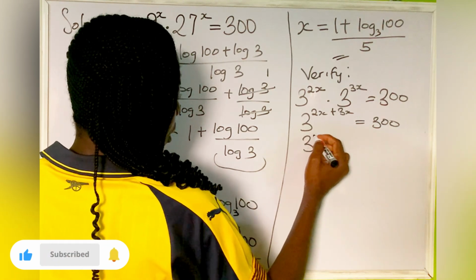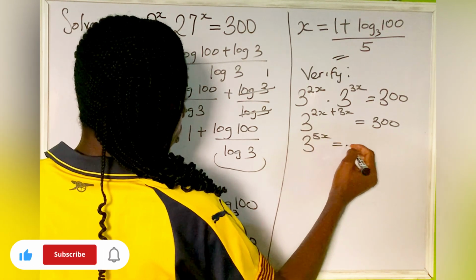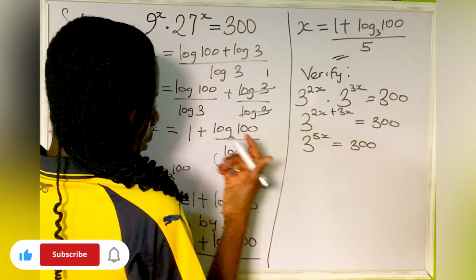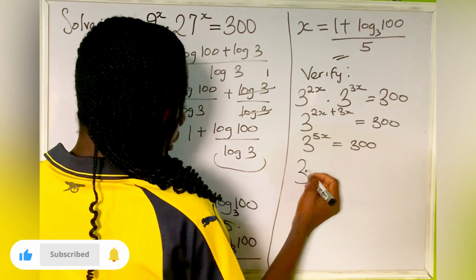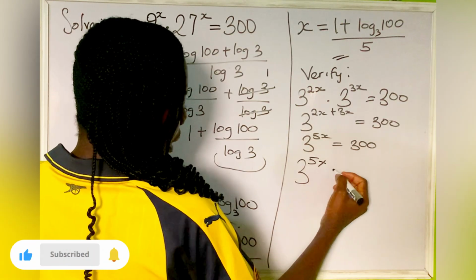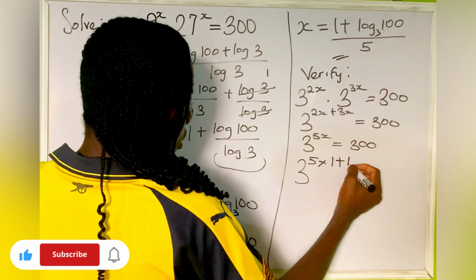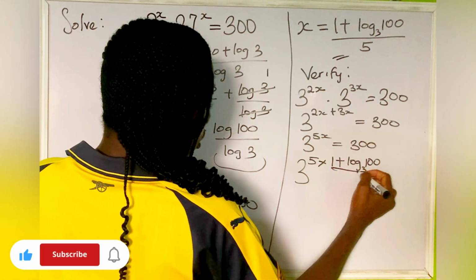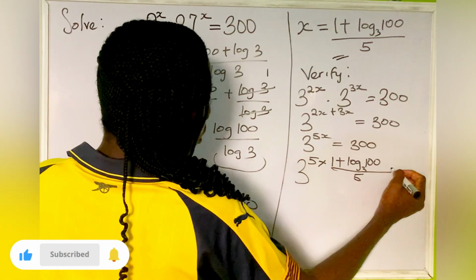So 3 to the power of 5x is equal to 300. And this is the value of our x. Okay, so now we have 5 multiplied by our x, which is 1 plus log 100 base 3 all over 5.